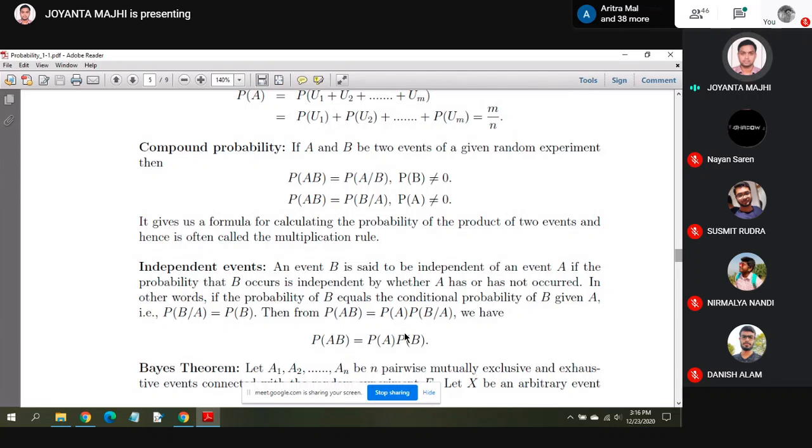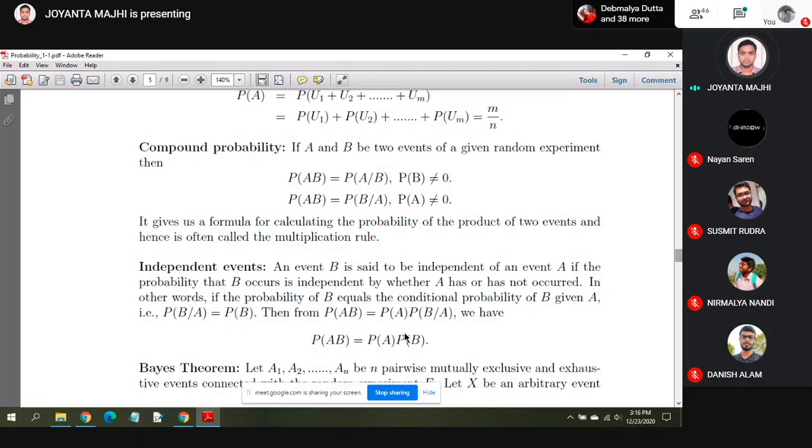What is this? We consider that E is a random experiment, and A and B are two events of that random experiment. Here it says that A and B are independent events if the probability of one event is not affected by the occurrence of the other event.